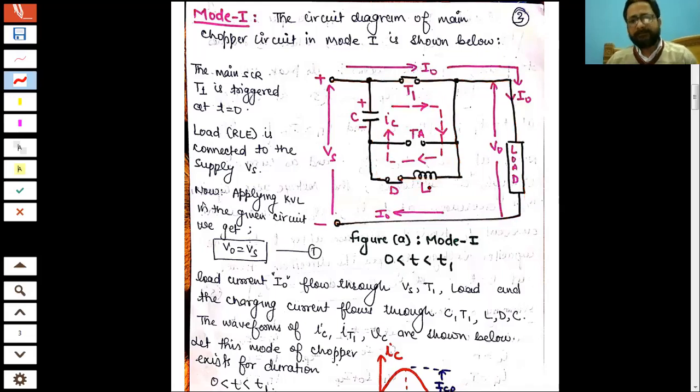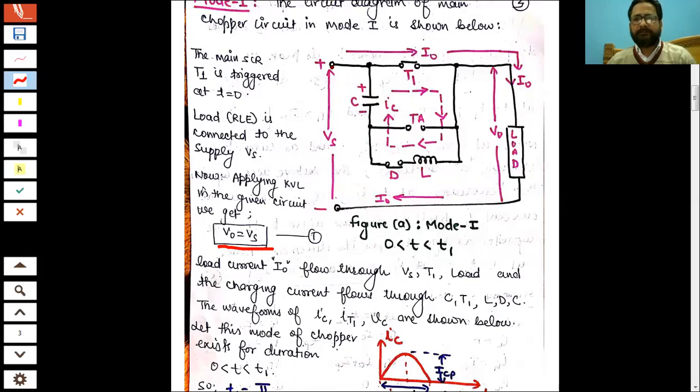Now what will happen? Apply KVL here or apply network analysis here. Using KVL in the outer circuitry, Vs minus V0 is equal to 0. So Vs is equal to V0, or V0 is equal to Vs. The duration of this particular mode of the chopper is assumed to be from 0 to T1.